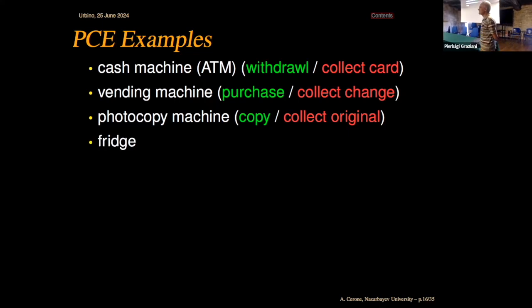Your fridge. How can you make a post-completion error with your fridge? Normally, if you open it and take something, the door tends to close by itself. That's a mechanism that prevents you from carrying out a post-completion error. But of course, if the fridge is old and this mechanism doesn't work anymore, then you might make a post-completion error.